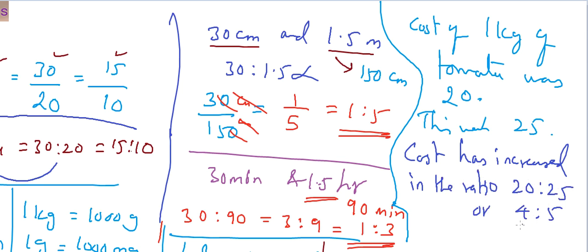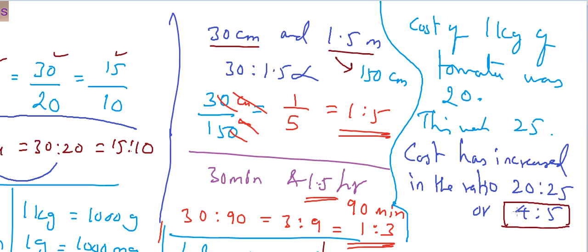Divide each term by 5, this is what you will get, 4:5. So we need to say cost has increased in the ratio 4:5.